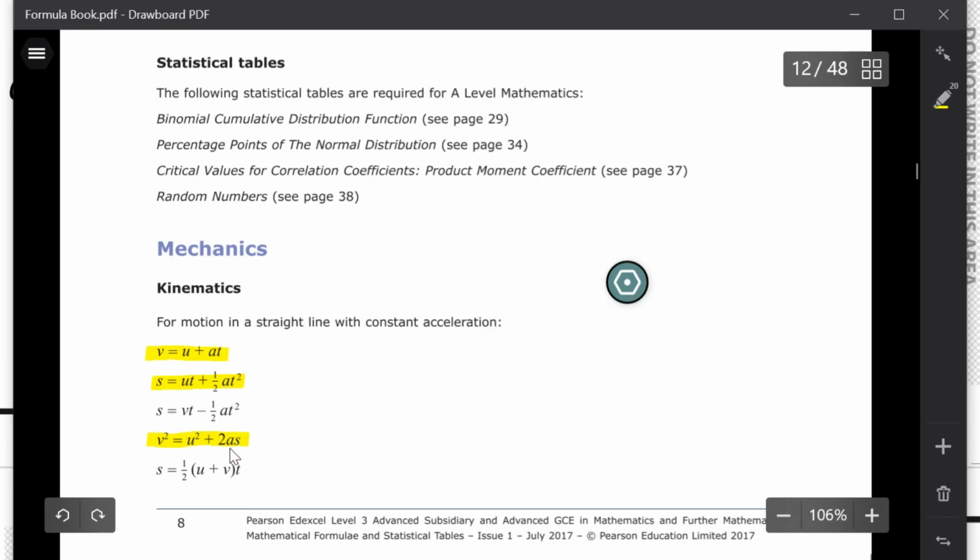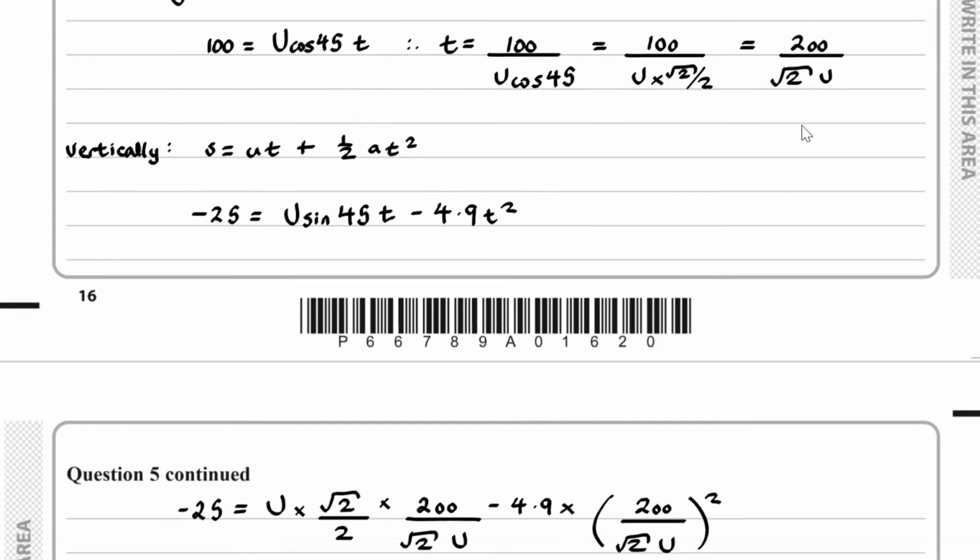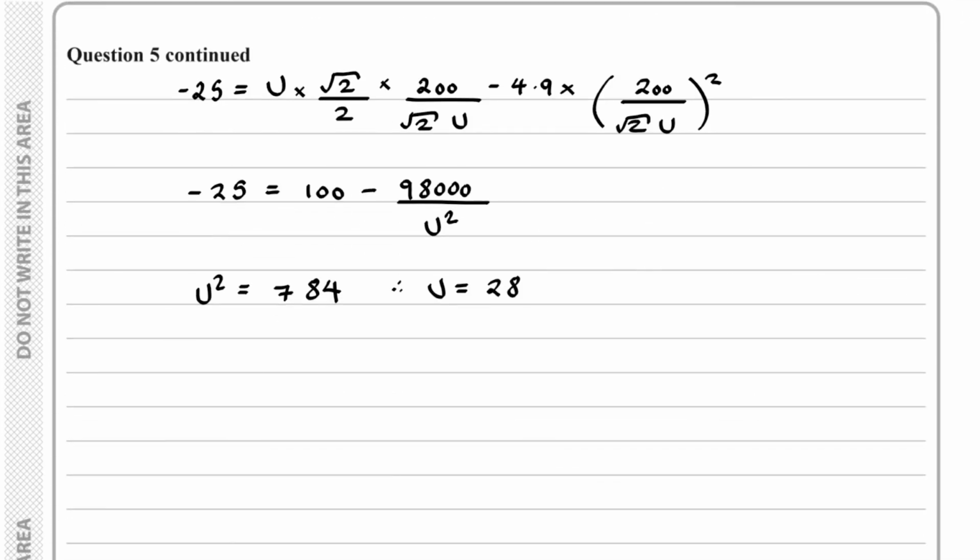S over here will determine the height above O, and of course the greatest height occurs when the velocity is equal to 0. So for part B, if we resolve vertically, we have v squared equals u squared plus 2as.